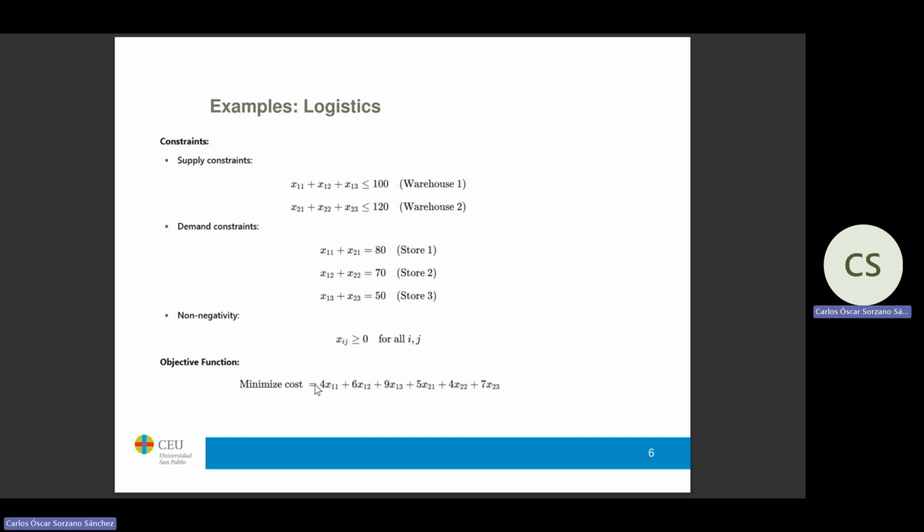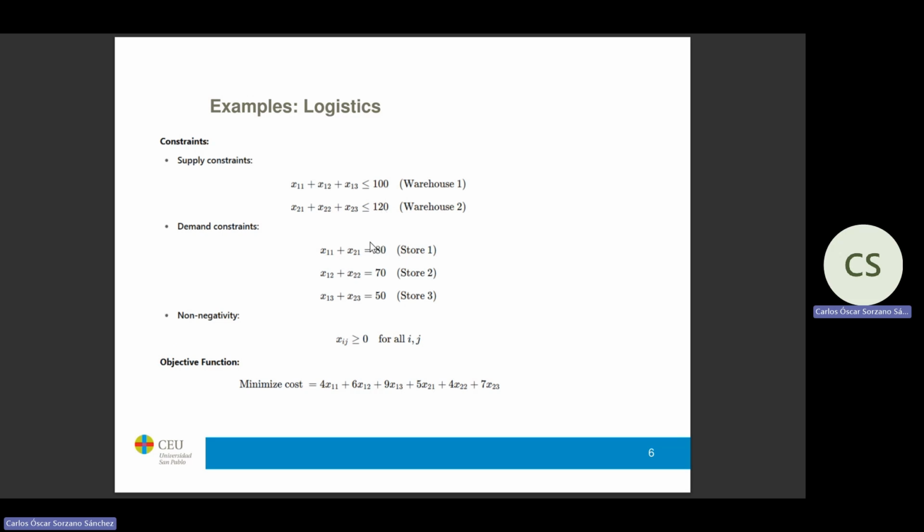So you want to minimize this, but there are some constraints. So the constraint is the capacity of warehouse 1 is 100. So whatever you send from warehouse 1 has to be smaller than 100, and the capacity of warehouse 2 is 100. So whatever you send from warehouse 2 has to be smaller than 150. And the same for the demands.